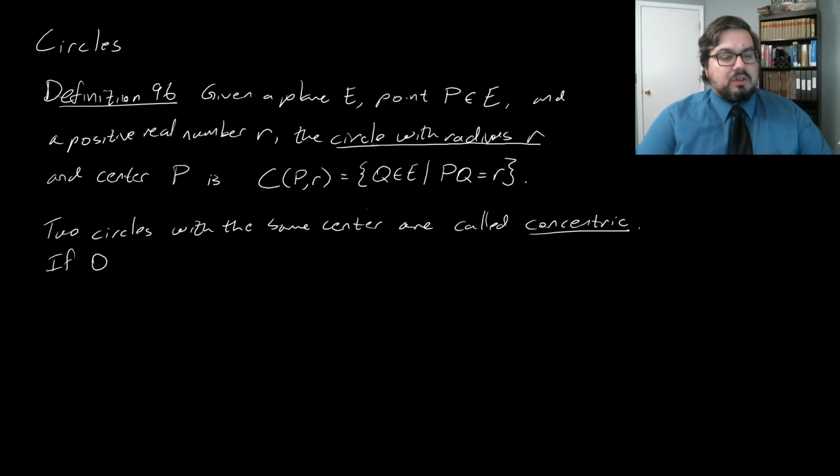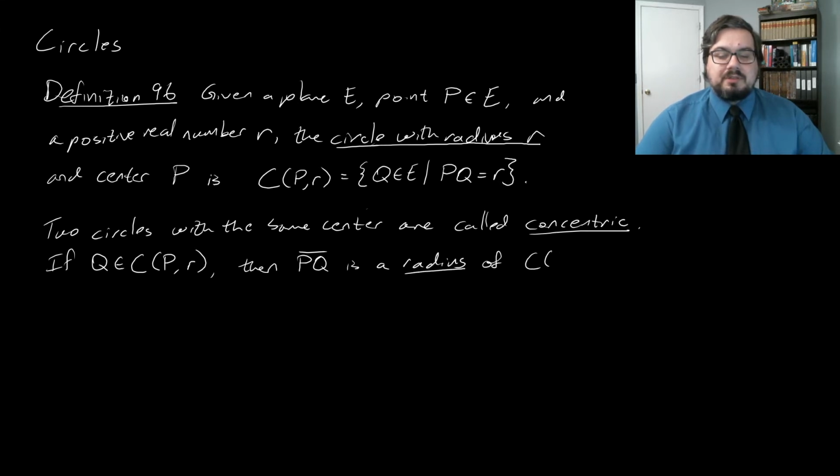If Q is in the circle with center P and radius R, then the segment PQ is a radius of the circle C(P,R), and Q is called the outer end of that radius.